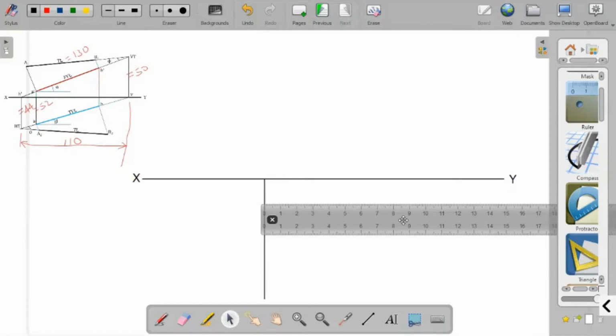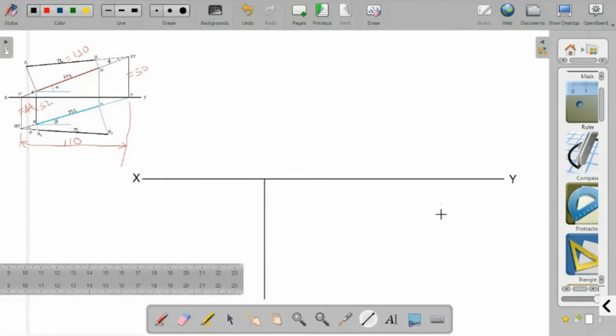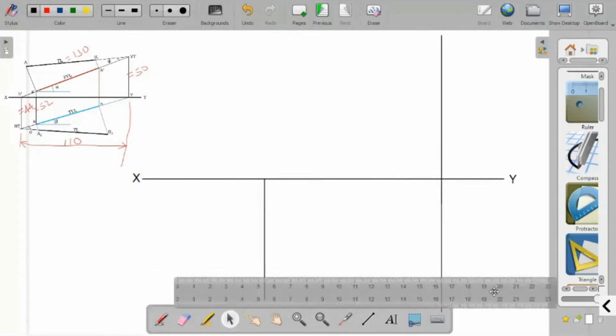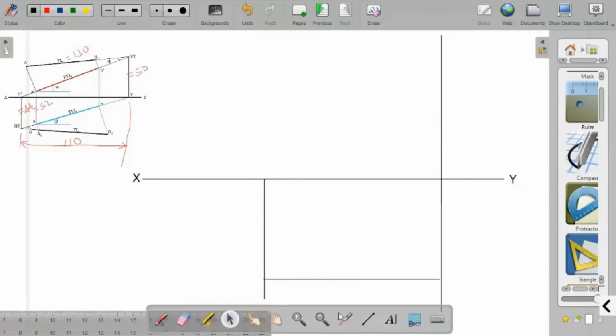The second one. This is just to give the dimensions, no other usage for it. So this is 110.